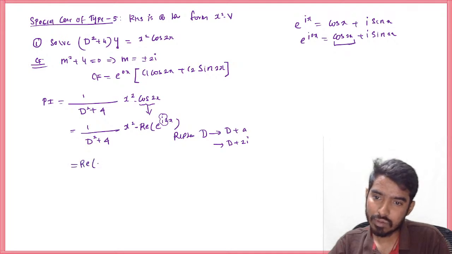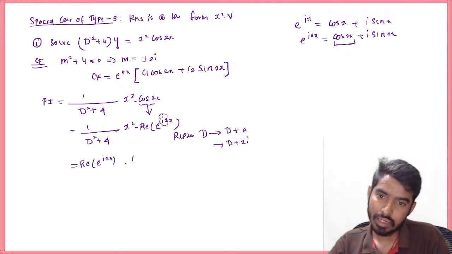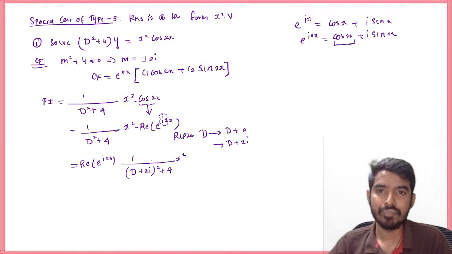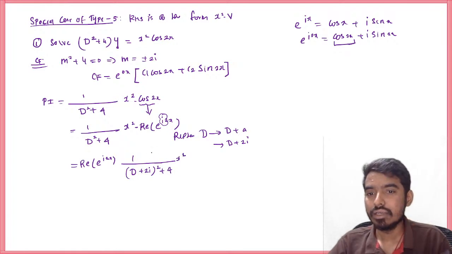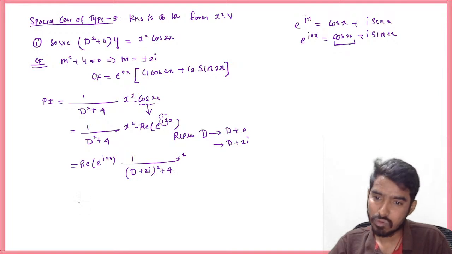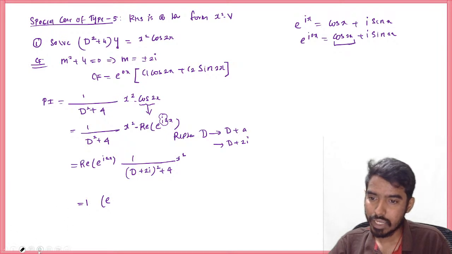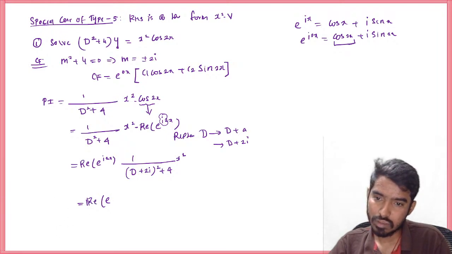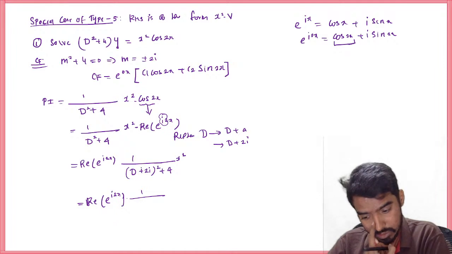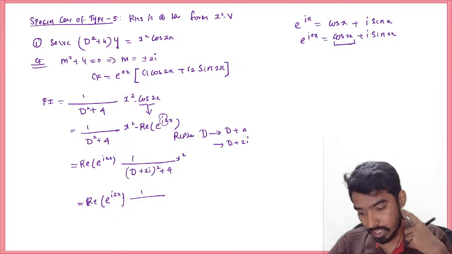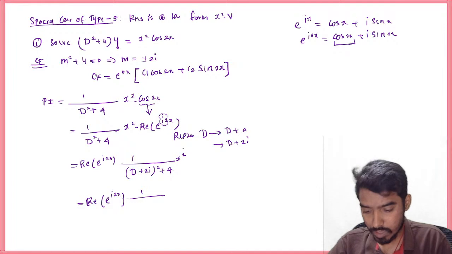So real part of e power i 2x, 1 divided by (D plus 2i) whole square plus 4 of x square, right? I'm just writing cos 2x as the real part, with D replaced by D plus 2i. So we have the real part of e power i 2x, 1 divided by (D plus 2i) whole square plus 4.